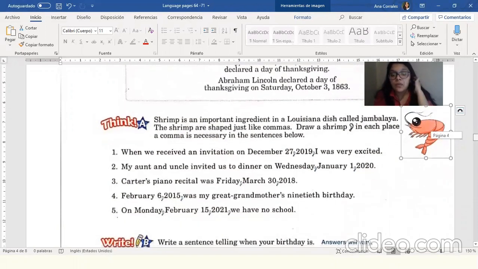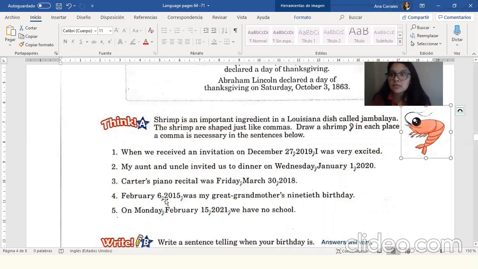Number 2: My aunt and uncle invited us to dinner on Wednesday, comma, January 1st, comma, 2020. Remember, you're going to draw shrimps, not commas, because I'm going to check that, okay? Carter's piano recital was Friday, shrimp, March 30, shrimp, 2018.